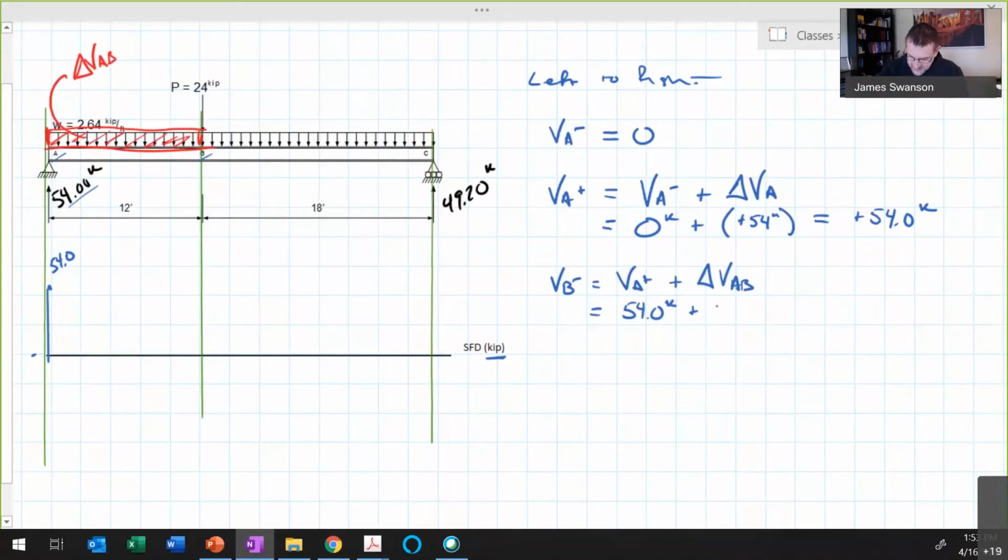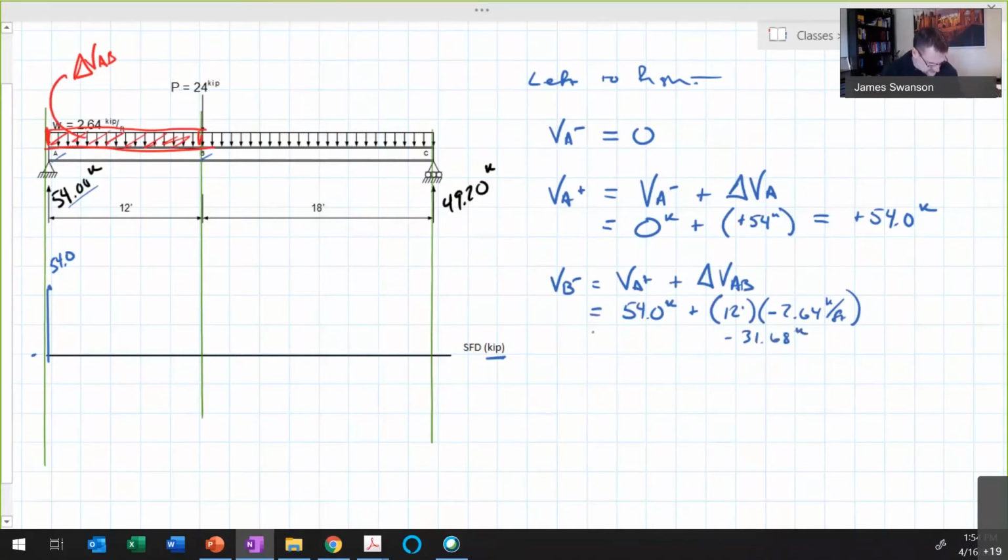So what is the area of that? It's a rectangle, so it's just the base times the height. The base is 12 feet. The height of that rectangle is 2.64 kips per foot, but the load points downwards, so it gets a negative sign. So 12 times 2.64 gives me minus 31.68 kips.